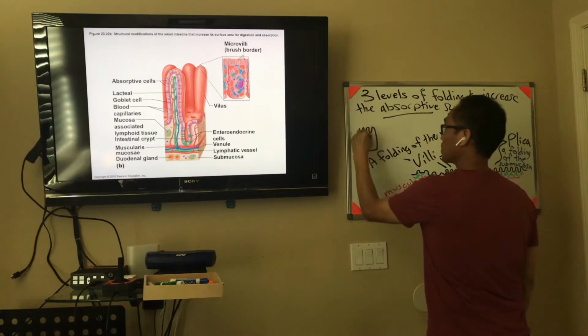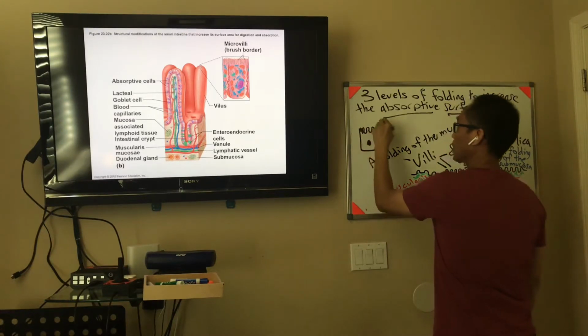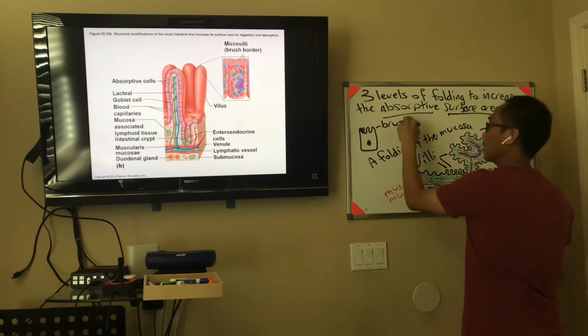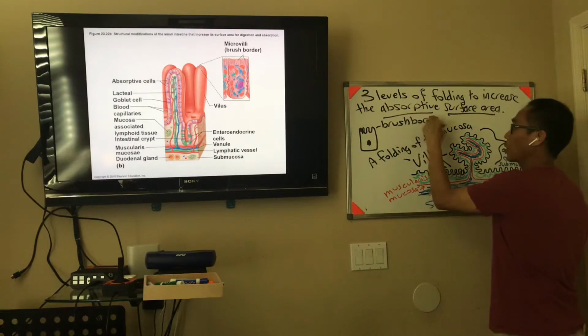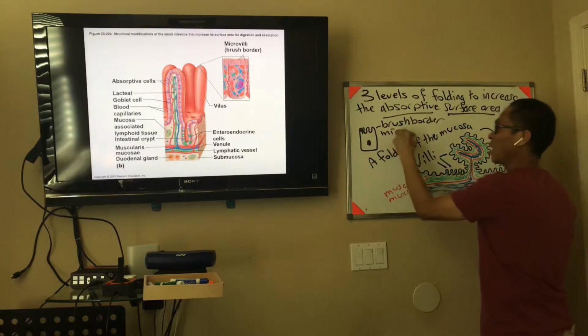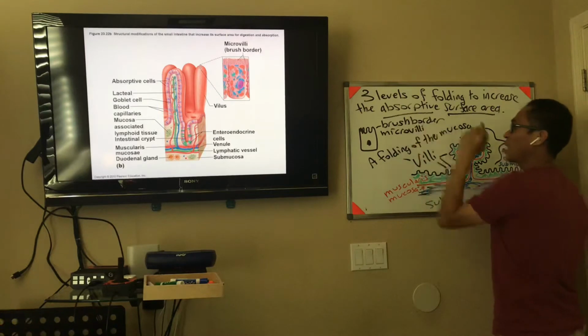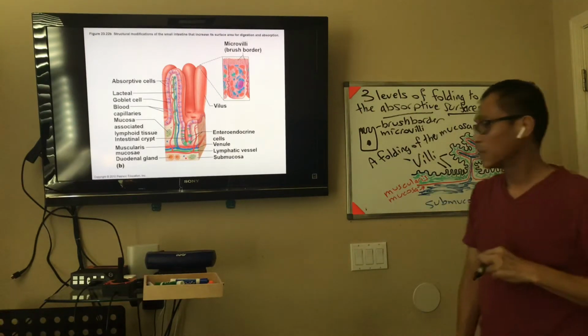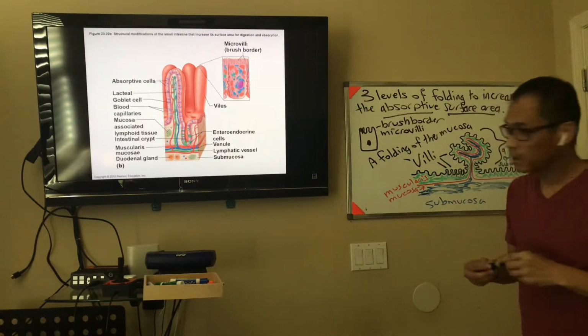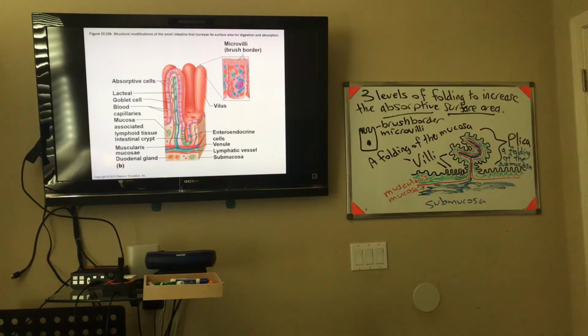So this forms brush border microvilli. And in that microvilli brush border, you're going to have some enzymes.